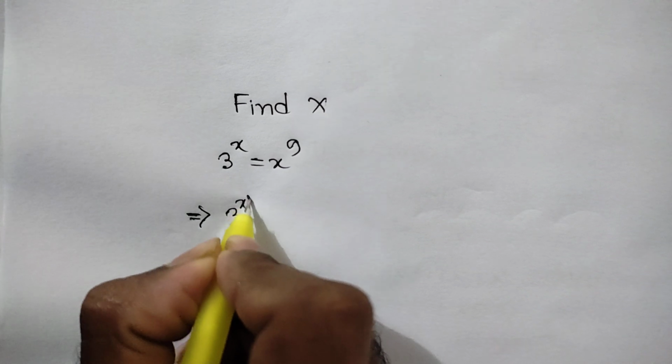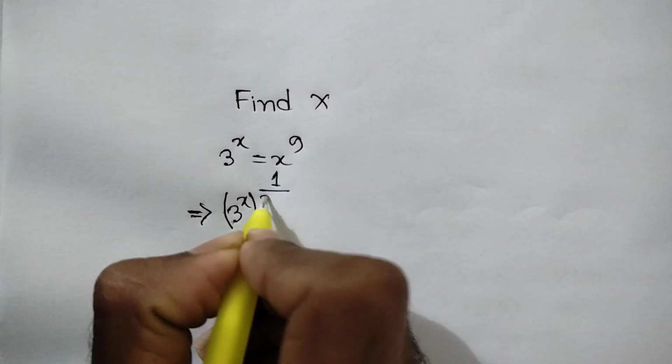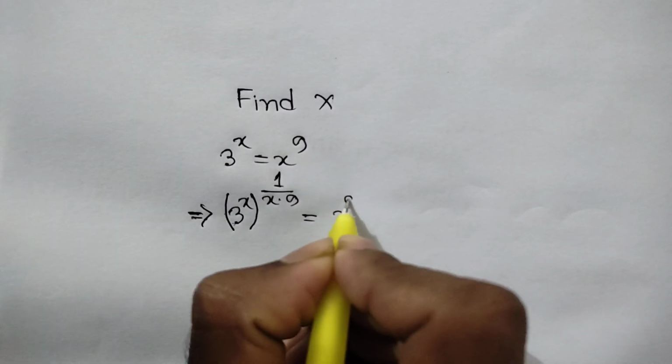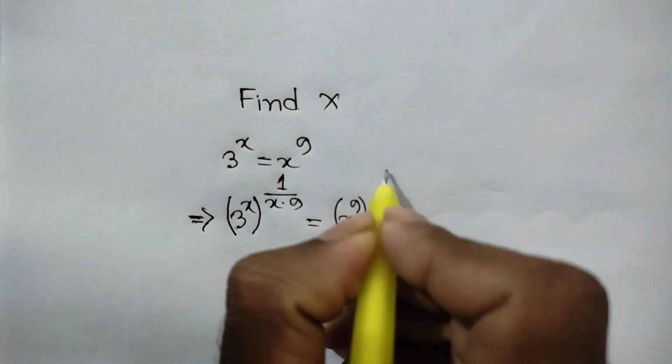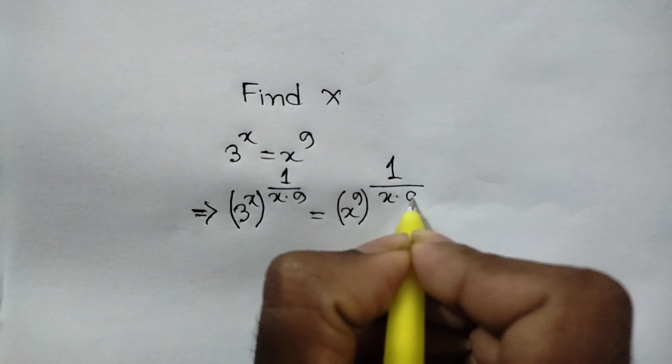Or (3 to the power x) whole to the power 1 over x times 9 is equal to (x to the power 9) whole power 1 over x times 9.